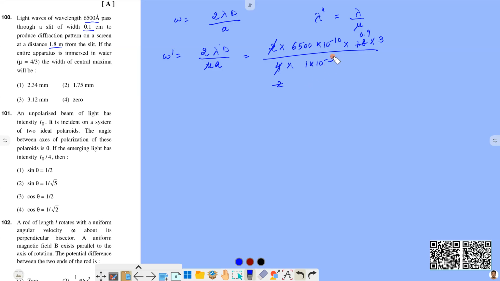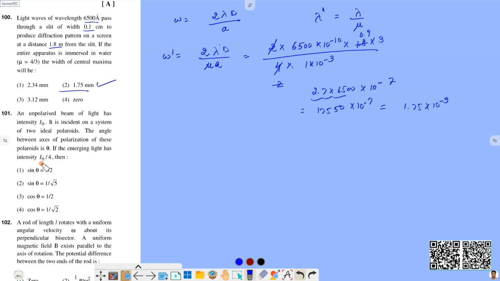So I will have 2.7 into 6500 into 10 raised to the power minus 7, and on calculation this will give us 17550 into 10 raised to the power minus 7, which gives 1.75 into 10 raised to the power minus 3 meter, or 1.75 mm. That is the second option here. So the second option is the right answer for this one.